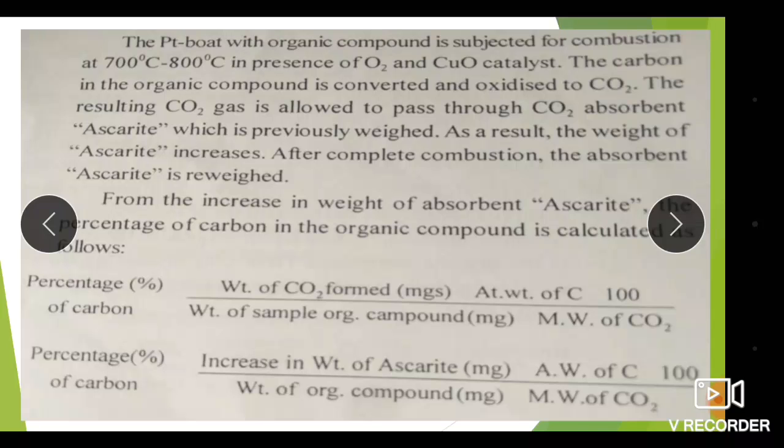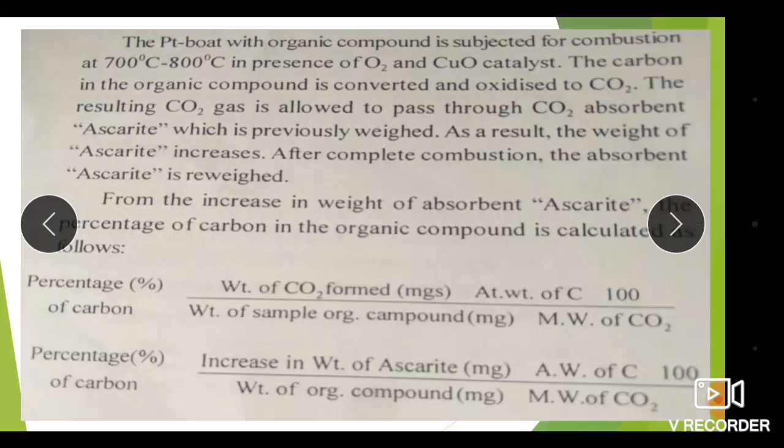the percentage of carbon in an organic compound is equal to the weight of CO2 formed in milligrams, multiplied by the atomic weight of carbon, into 100, divided by the weight of sample of organic compound in milligrams, multiplied by the molecular weight of CO2.